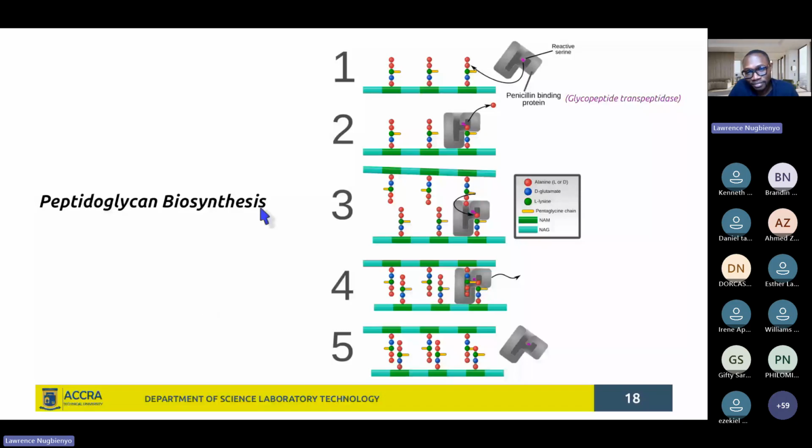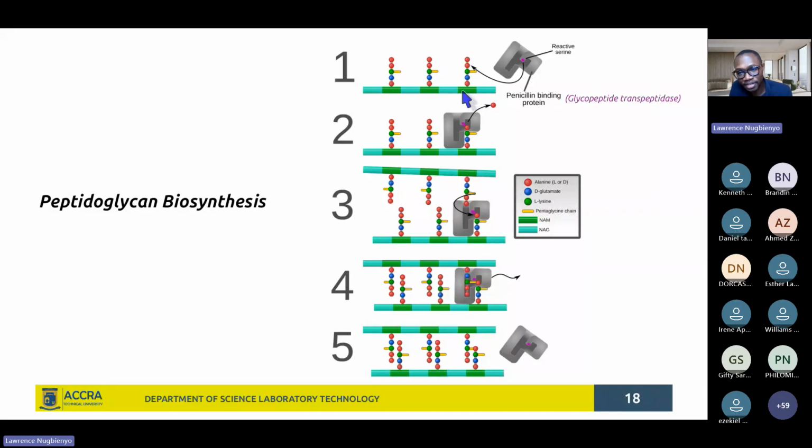So we've numbered it 1 up to 5, from the top down, so we can quickly relate to it. Now, you see the straight chain of the N-acetylglucosamine, N-acetylmuramic acid.